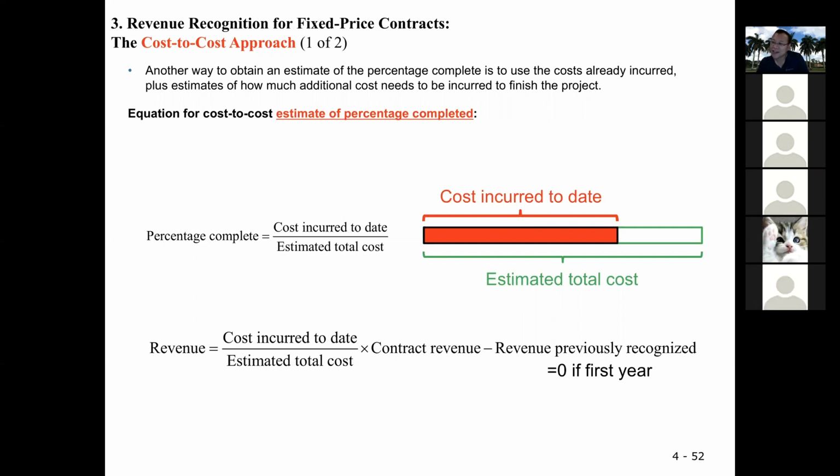You tell me. 60%, right? So based on the cost-to-cost approach, there are two cost numbers. The numerator is the cost incurred to date. The denominator is total expected cost. Does this make sense?